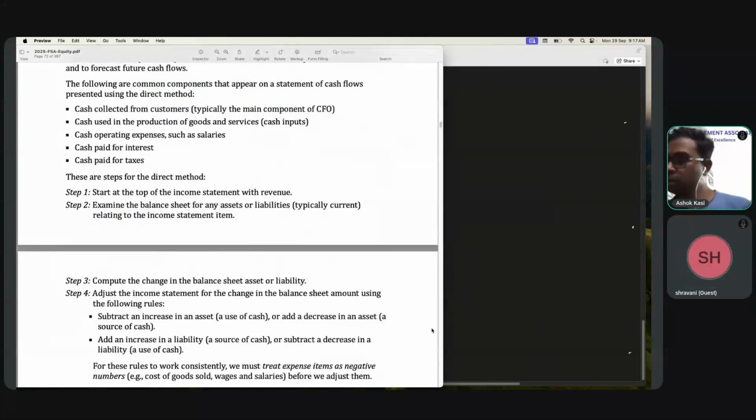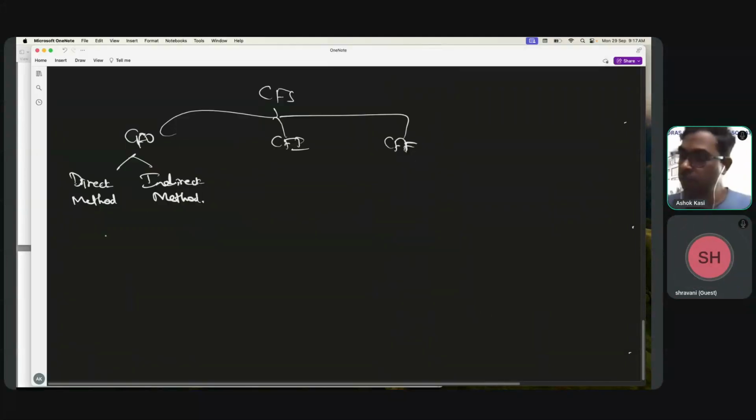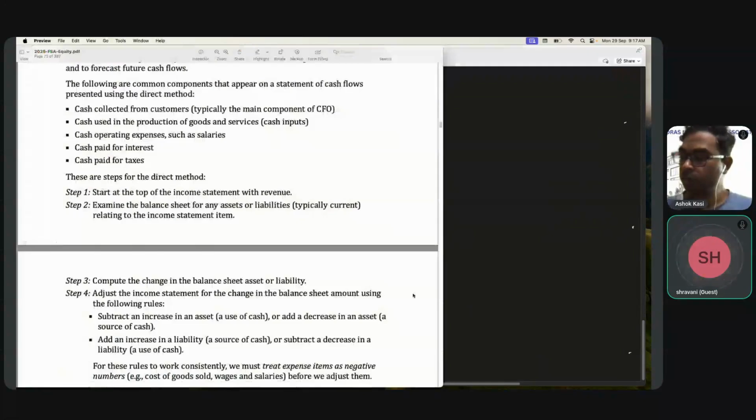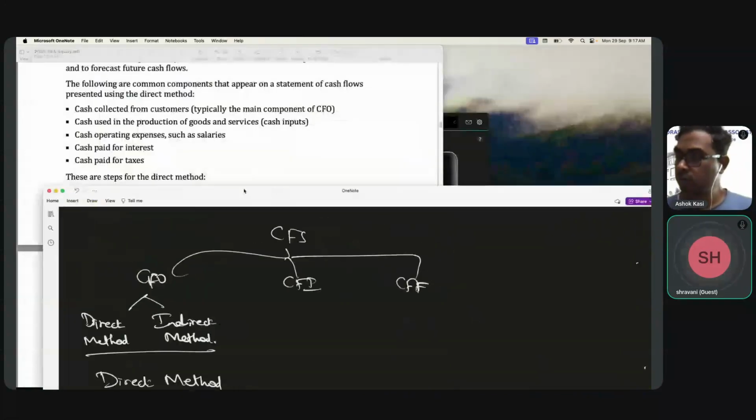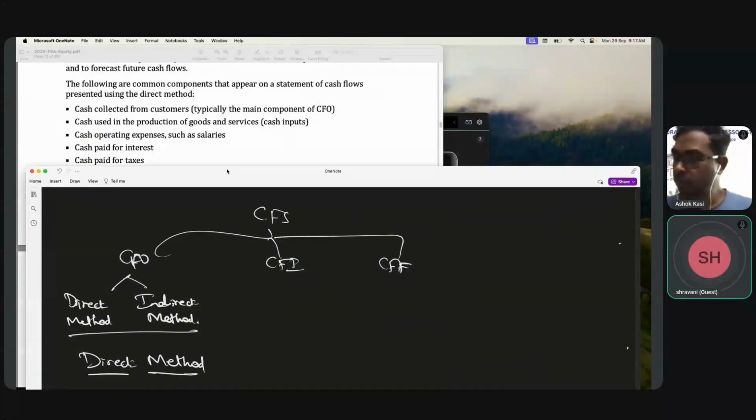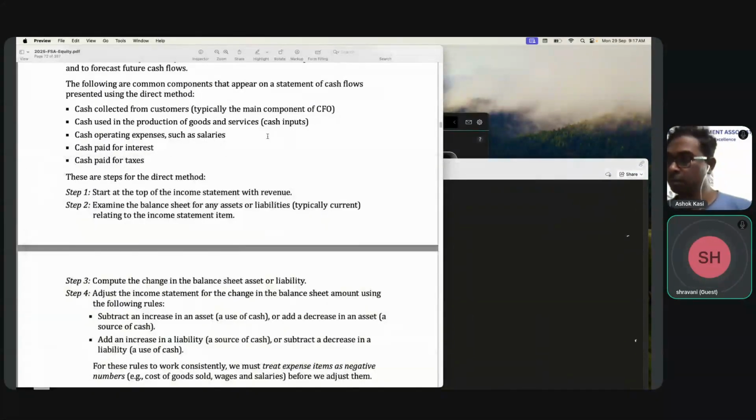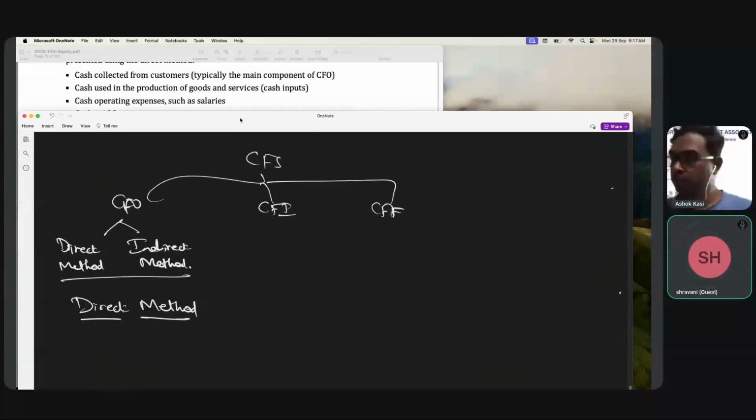So this is the format: direct method. Cash collected from customers.